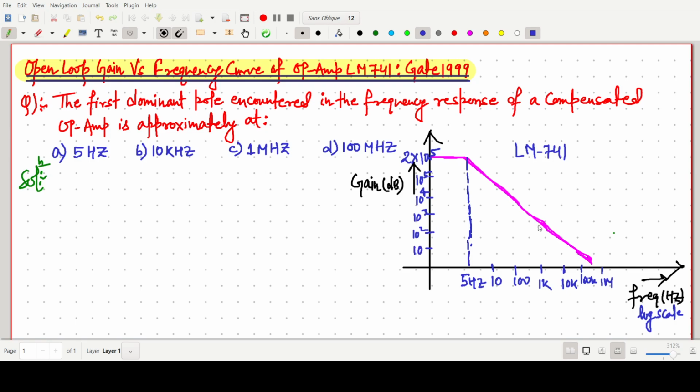So this one is the curve. More ideally we can say this kind of curve is the gain versus frequency.